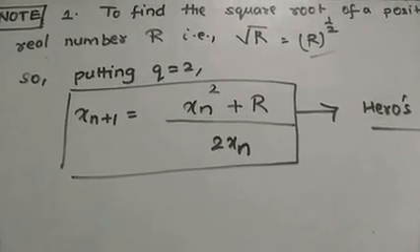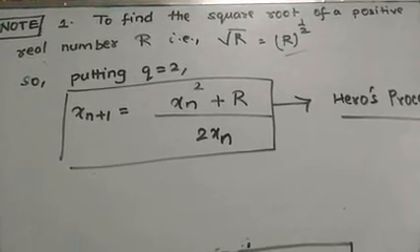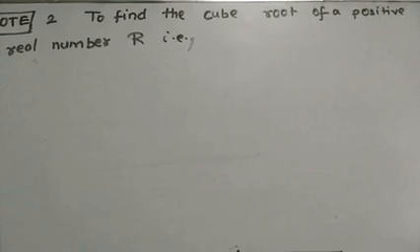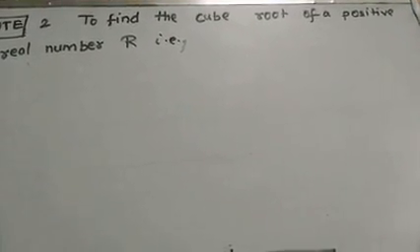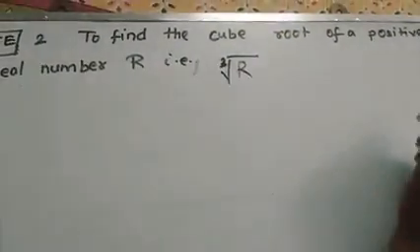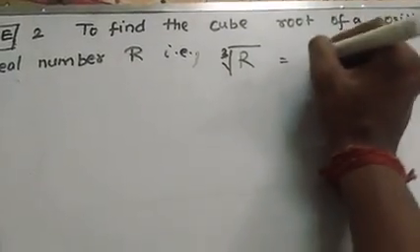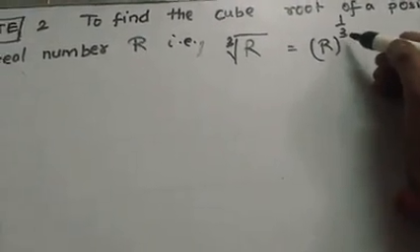Okay, and now note 2, that is to find the cube root. Okay, note 2 is to find the cube root of a positive real number r. Now cube root means the cube root of r. That means what is the power of r? 1 by 3. So what is the value of q here? 3.